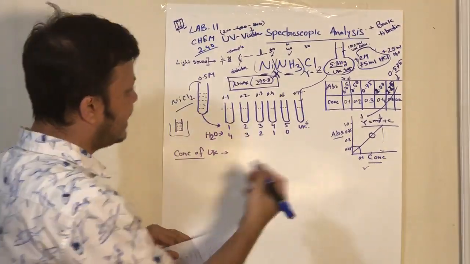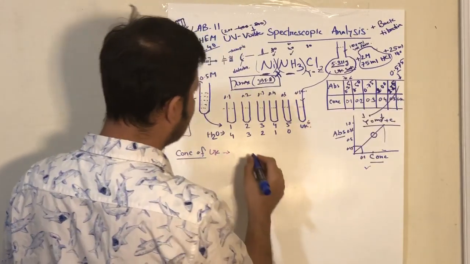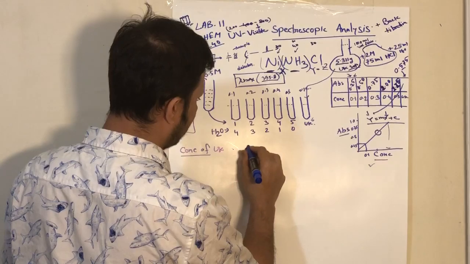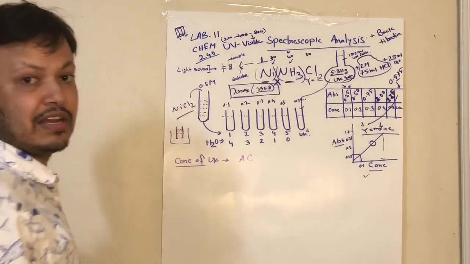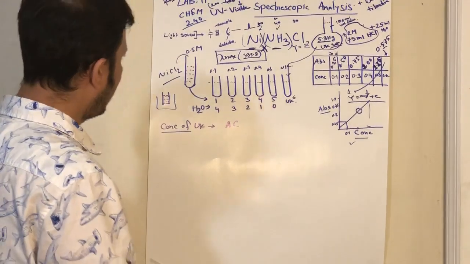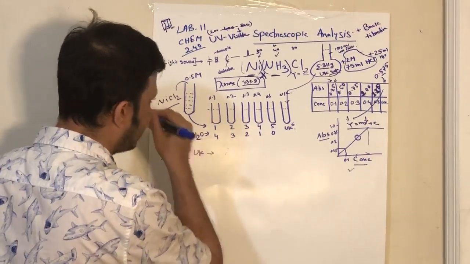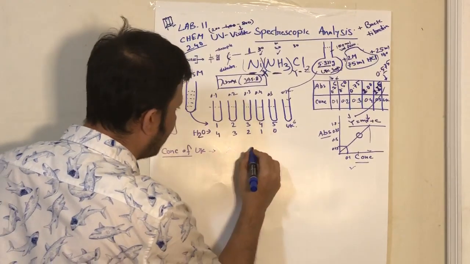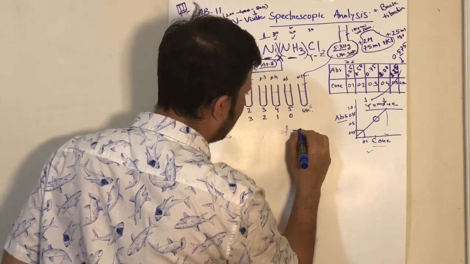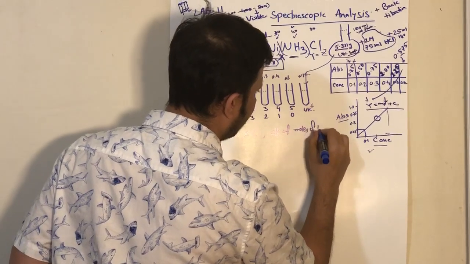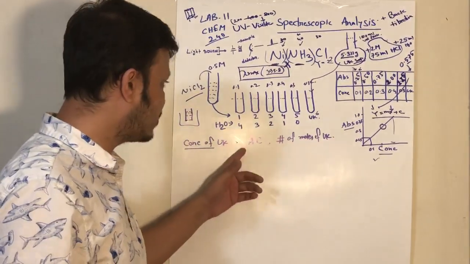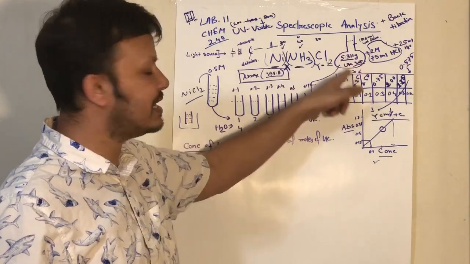Suppose we call the concentration of the unknown C. If we know the concentration of the unknown, you have to find out the number of moles of unknown. So what is the number of moles here?